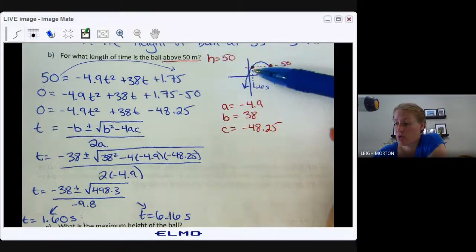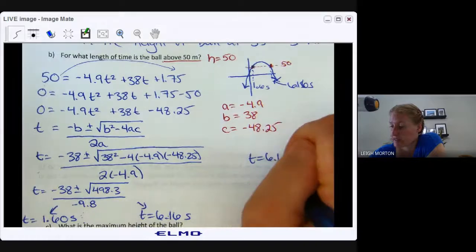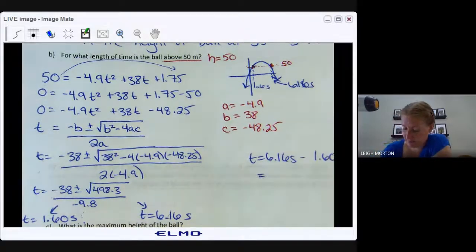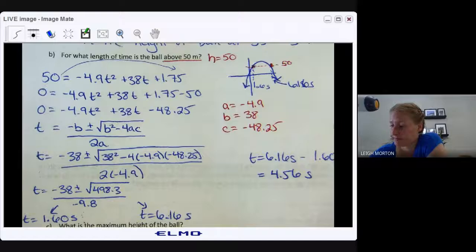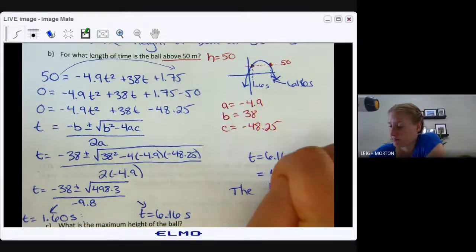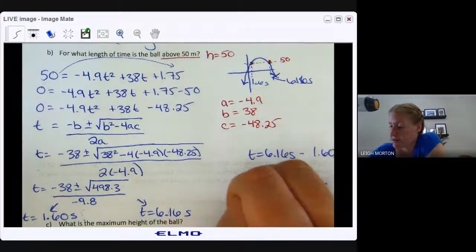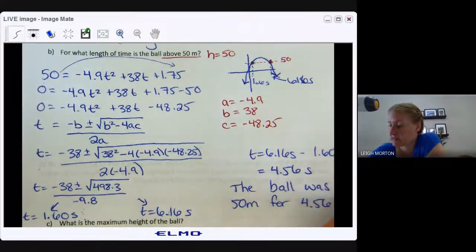So we need to know the length of time between these 2 points. So time is going to be 6.16 seconds minus 1.60 seconds, which gives me 4.56 seconds. So the ball was above 50 meters for 4.56 seconds.